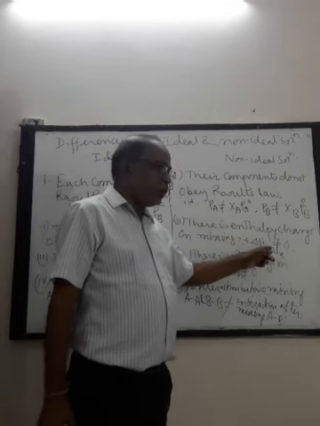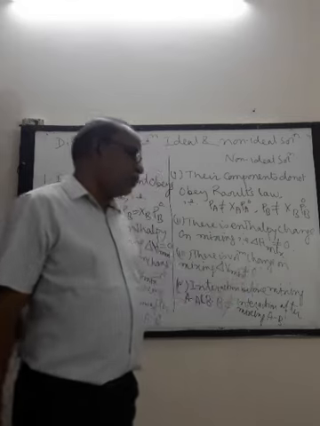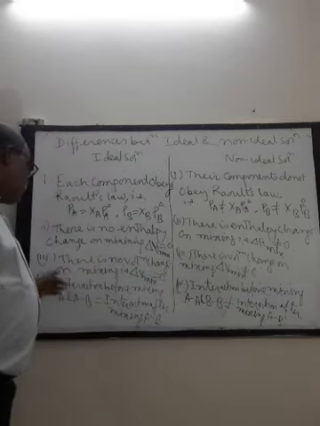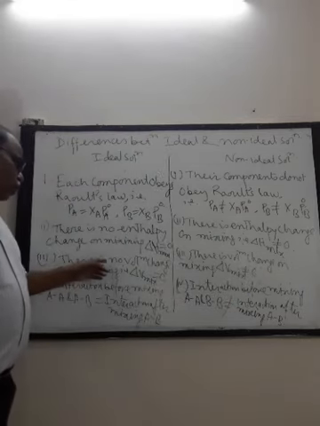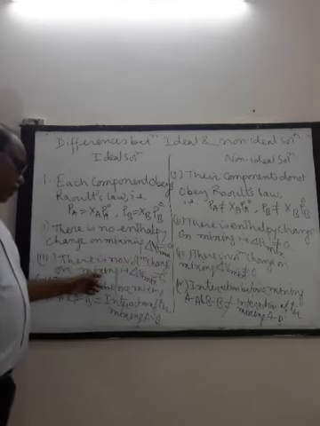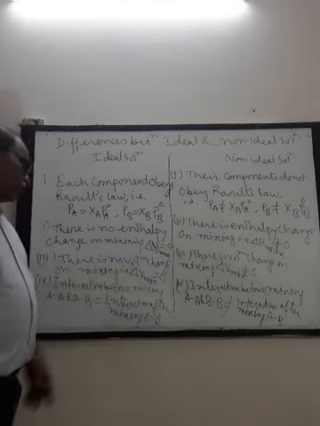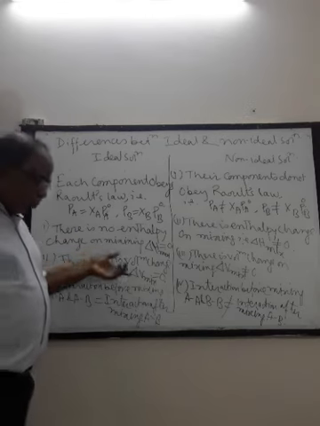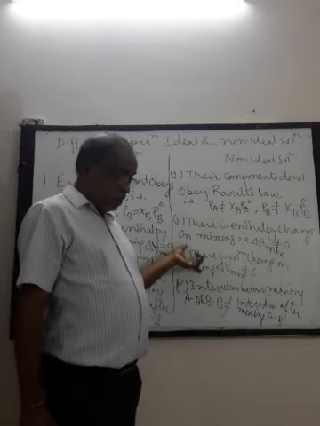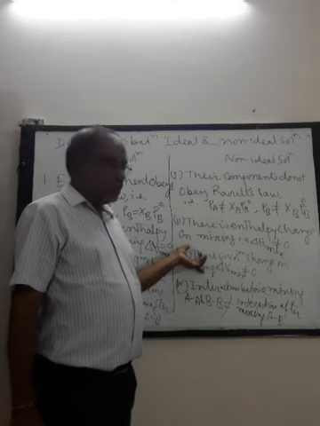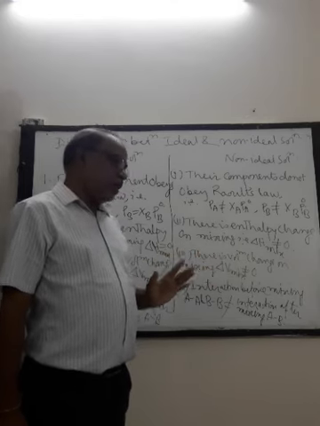That is, enthalpy change on mixing is not equal to 0. Third point, there is no volume change on mixing. That is, del V mix is equal to 0. There is no volume change, but there is some volume change. Maybe increasing, maybe decreasing, maybe positive, maybe negative.